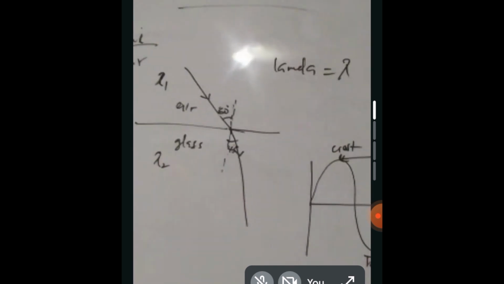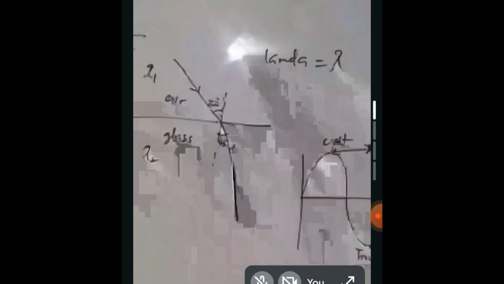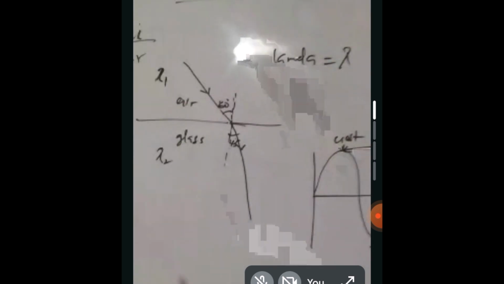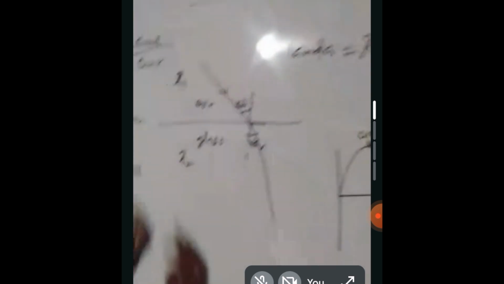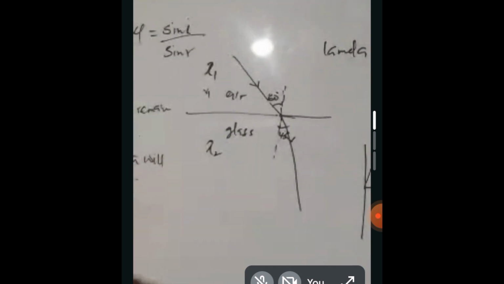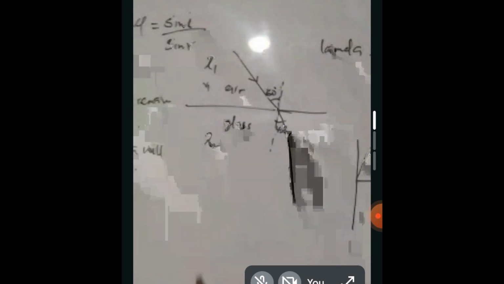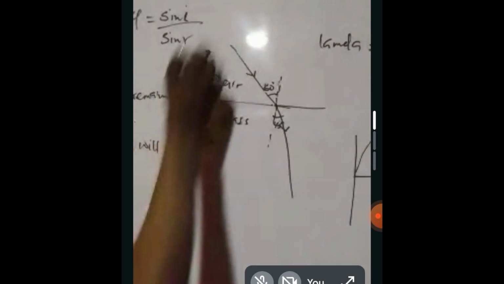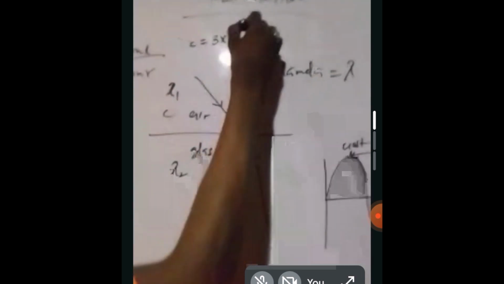Since the wavelength is changing, the speed will definitely change too, because it depends on it. So the speed of light in the first medium will be V1. Normally, the speed of light in air is C, which is 3 times 10 raised to the power 8 meters per second.